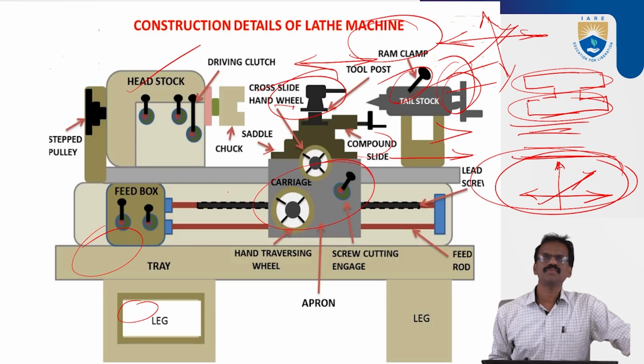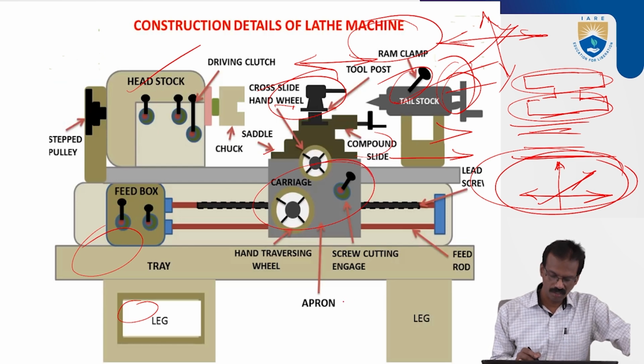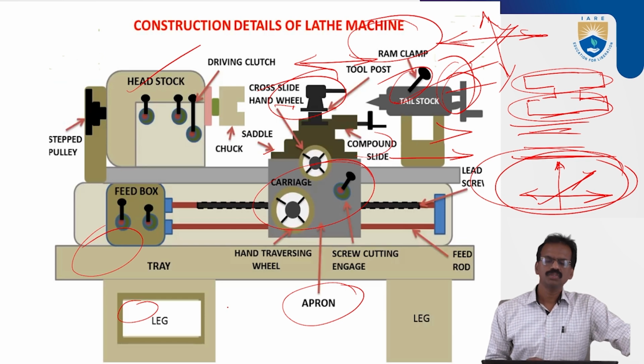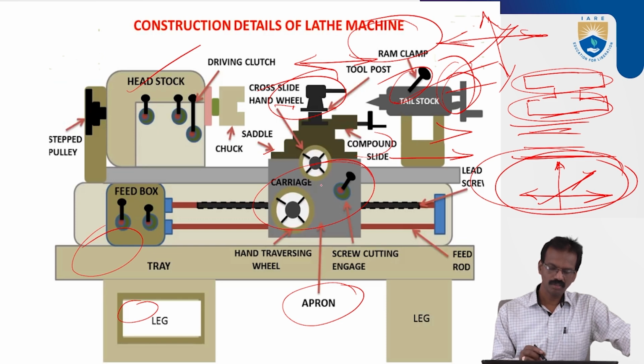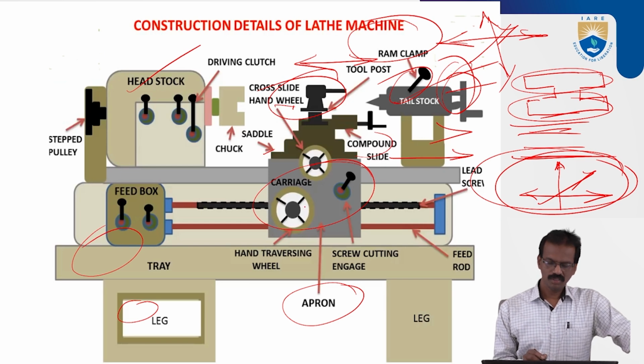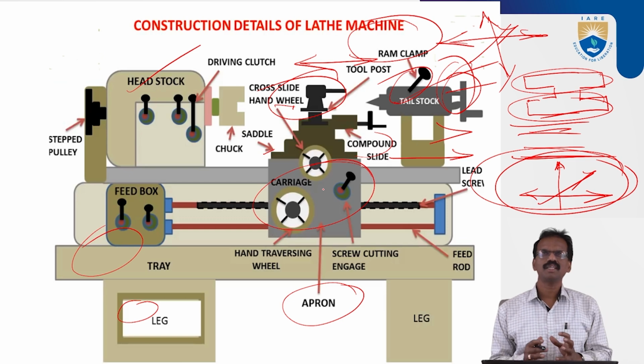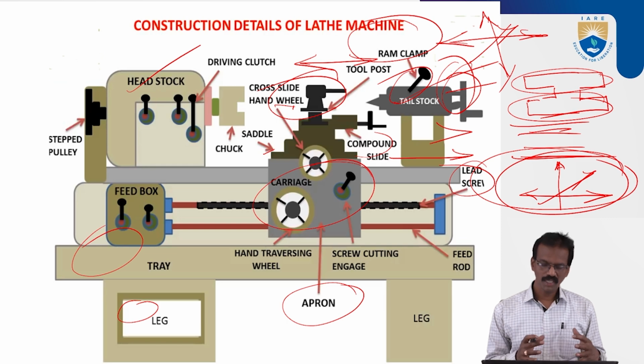The front portion of the carriage is simply called the apron. On this apron we'll see different levers which are used for the functioning or movement of the carriage. By this lever we can engage the carriage with the lead screw for the automatic movement of the carriage, and we can also engage or disengage it.